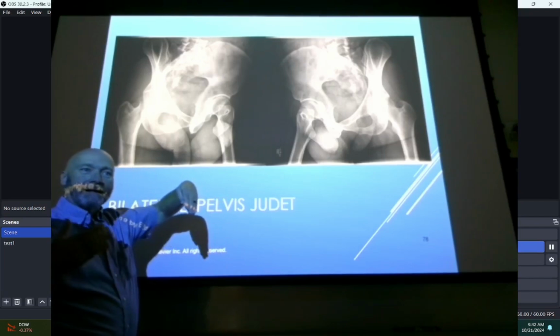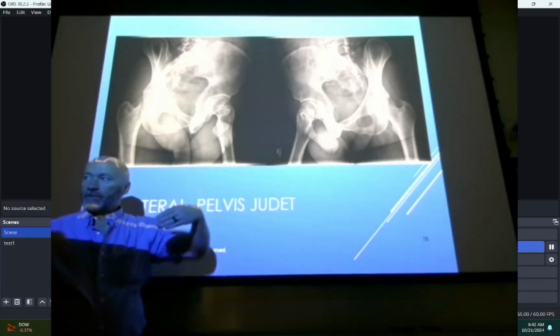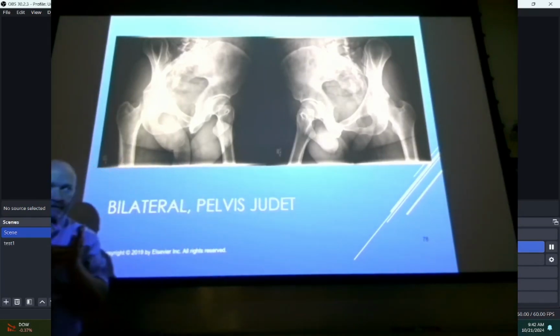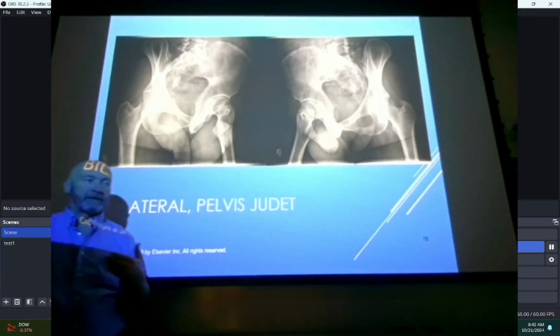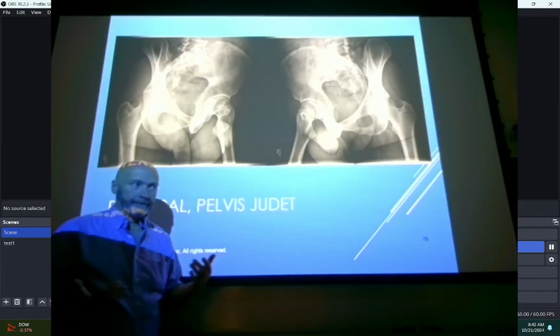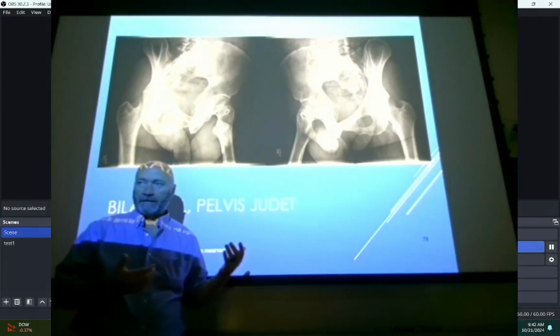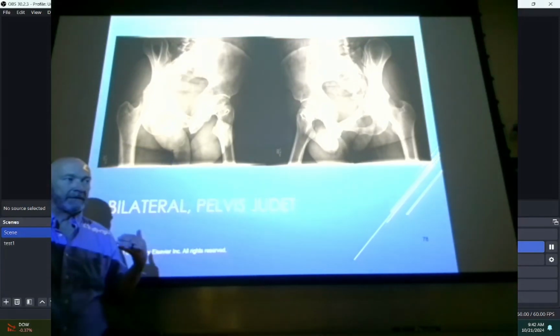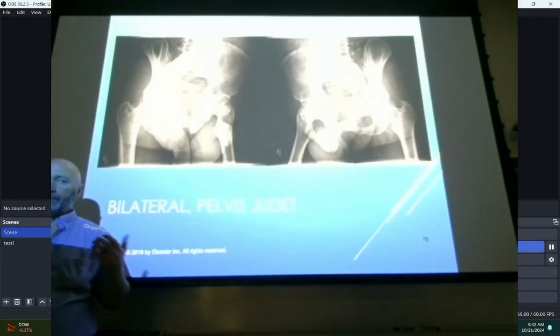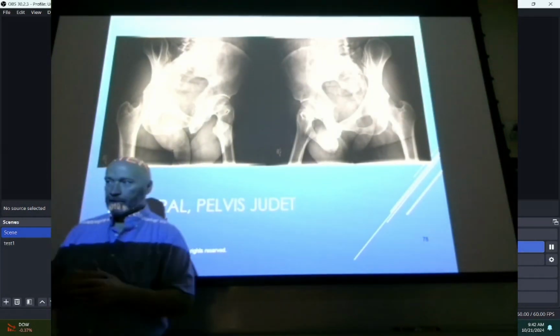It's not an AP and lateral, but you're still pretty much 90 degrees from each other, so you can see the fracture on the outlet view, and then you can see the anterior posterior displacement on the inlet view.